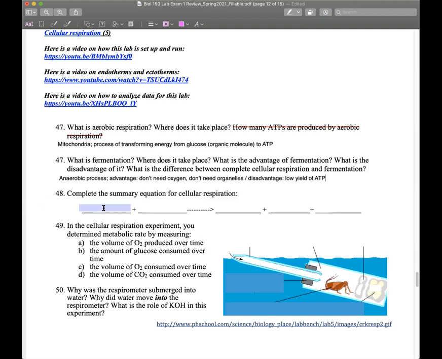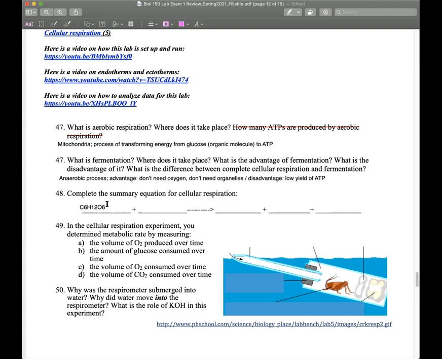Okay, our summary equation. So we know we need glucose. What's our chemical formula for glucose? C6H12O6, excellent.